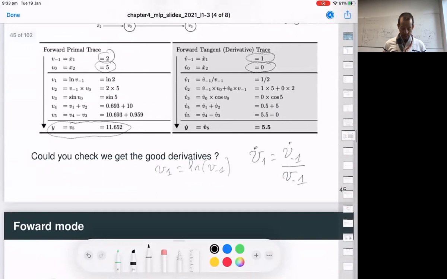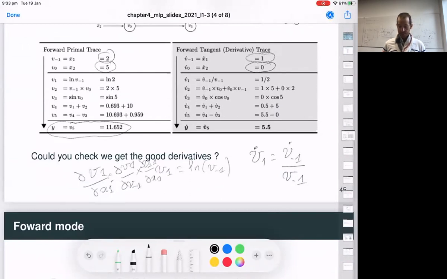So you want the derivative of v1 by x1. If you use the chain rule, it will be the derivative of v1 with respect to v minus 1 multiplied by the derivative of v minus 1 with respect to x1.